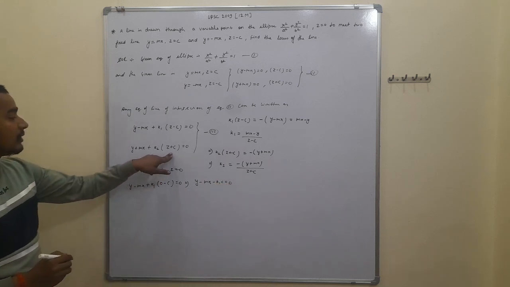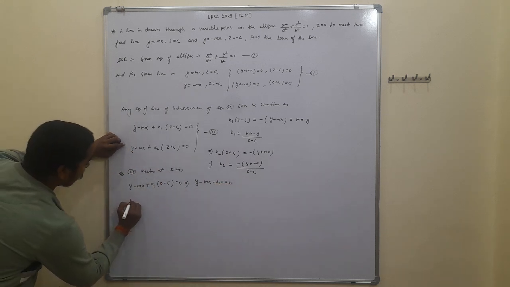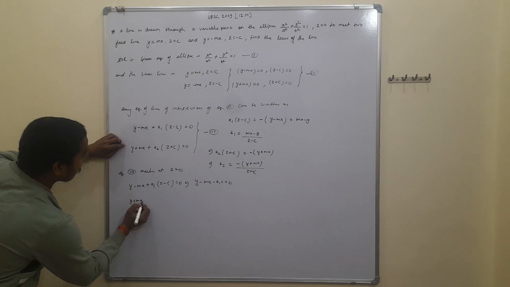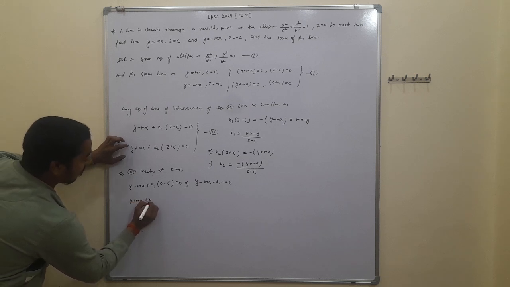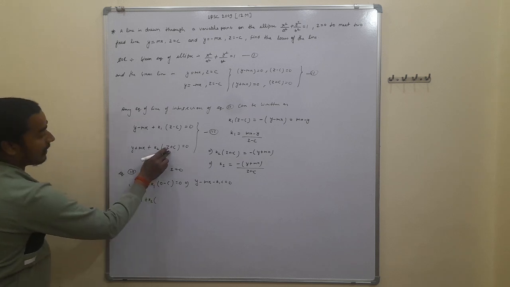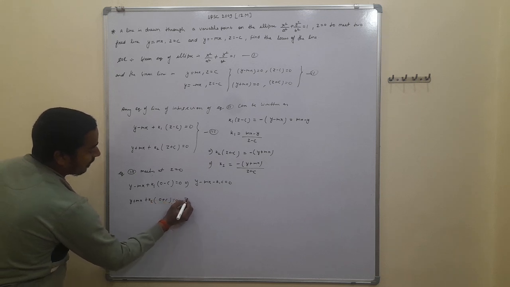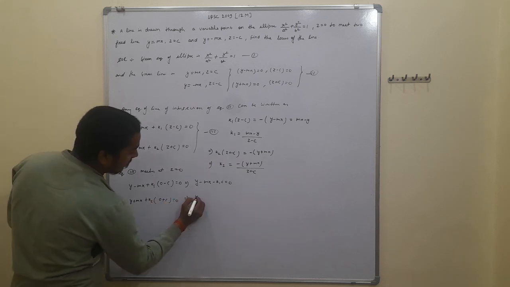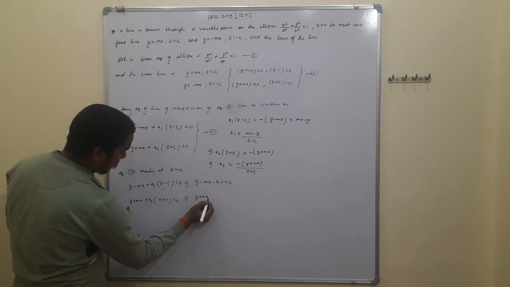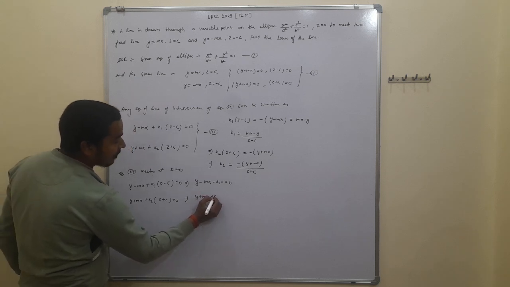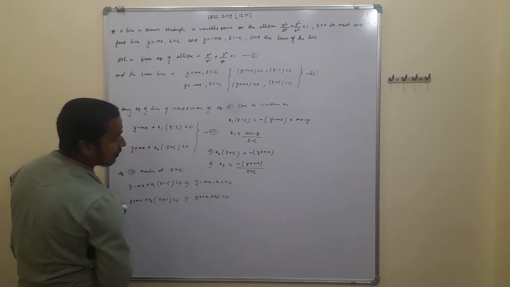Further we put in this equation, y plus mx plus k2 into, in place of z we put 0, that is 0 plus c is equal to 0, and we can also write y plus mx plus k2c is equal to 0.